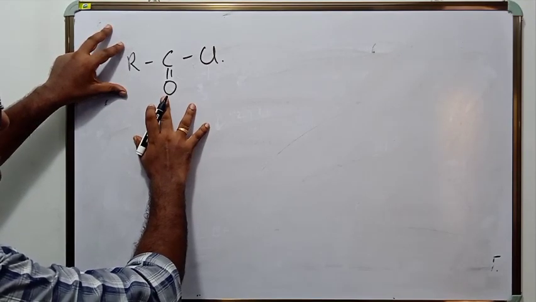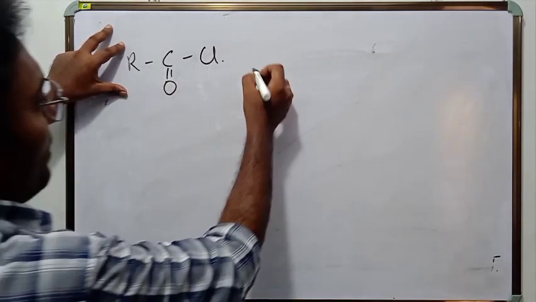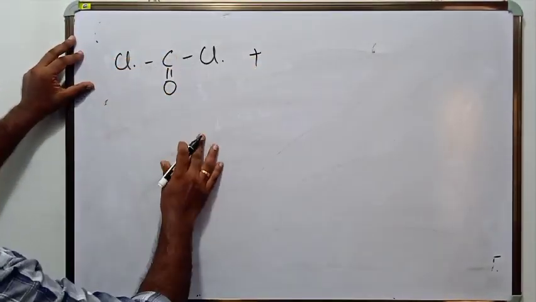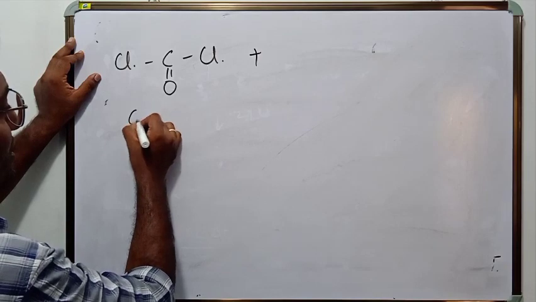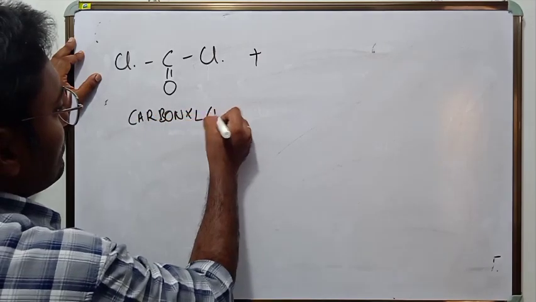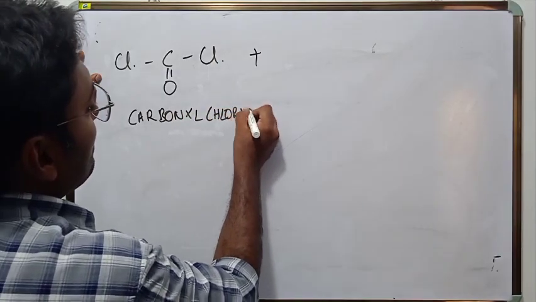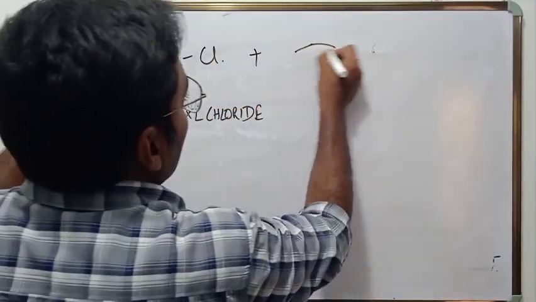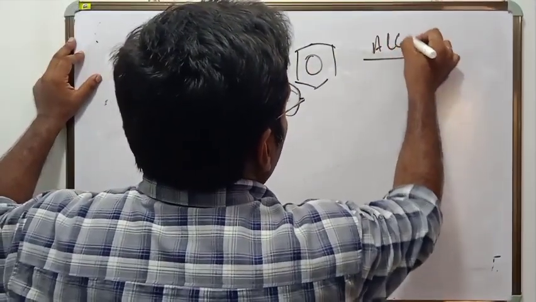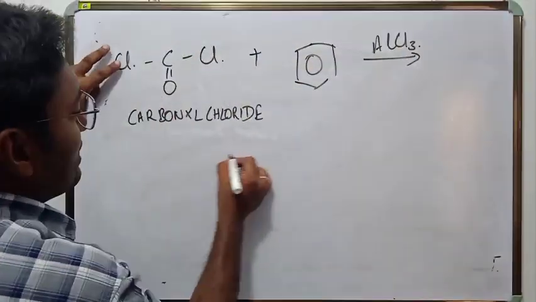Kindly concentrate. Now, if I am replacing this R with Cl, this is carbonyl chloride. If I am replacing that R with Cl, what would I get? If I am making it react with benzene in presence of AlCl3, then what is the product that I get?